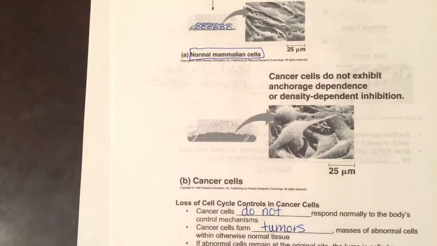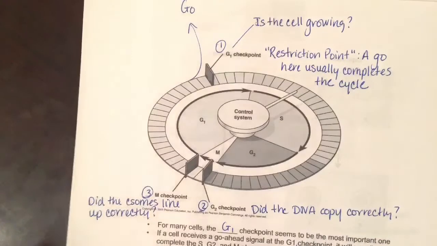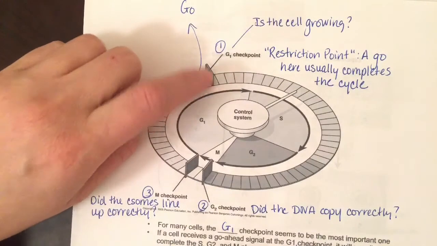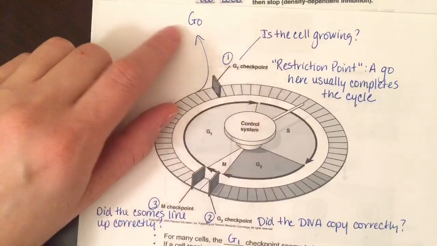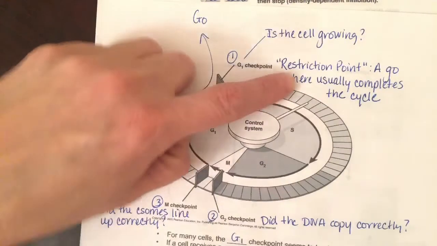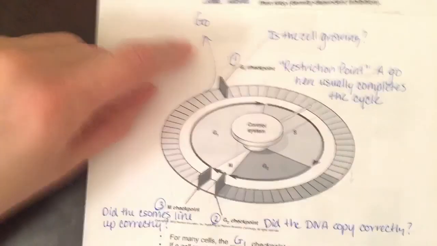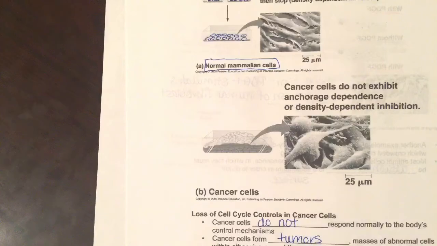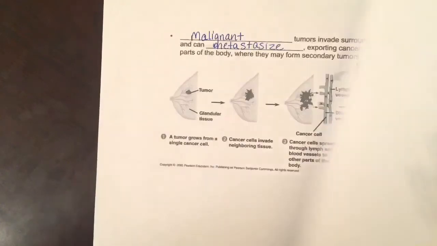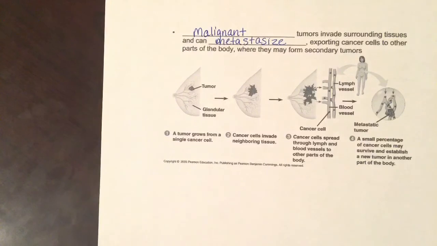Remember back when we looked at this, it's supposed to stop here and enter the G0 phase so that if the cell is abnormal, it doesn't ever get past the G1 checkpoint and it doesn't even get past any of the checkpoints and doesn't divide. But cancer cells bypass those checkpoints and are able to divide anyway, even though they're abnormal.